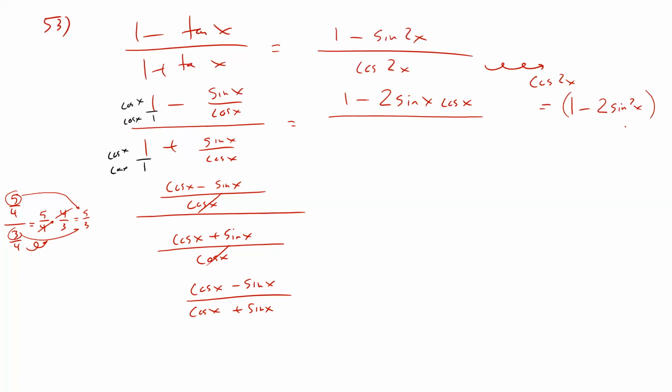No, it would have been a 4 in there. Cosine 2x. Let me check something. It may not be. Let's see. 1 minus.